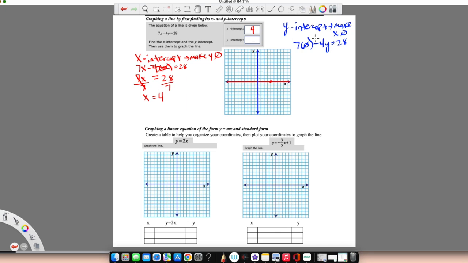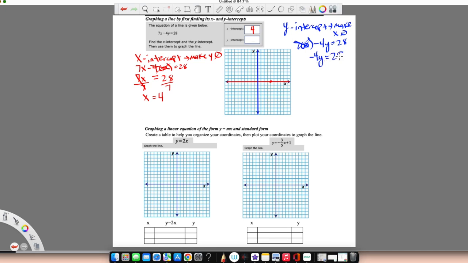So again, 7 times 0 is 0, and 0 minus 4y is going to be negative 4y or minus 4y. Remember the minus and the negative, that's just about reading. So really this minus 4y means it's negative 4y, but we read it as minus in the equation. But once there's nothing in front of it, I read it as negative 4y.